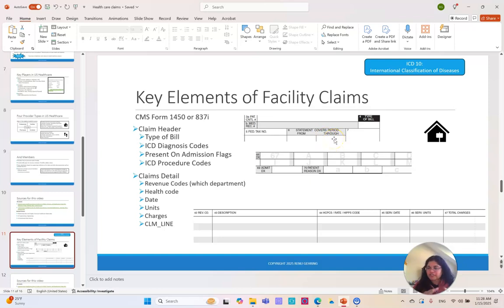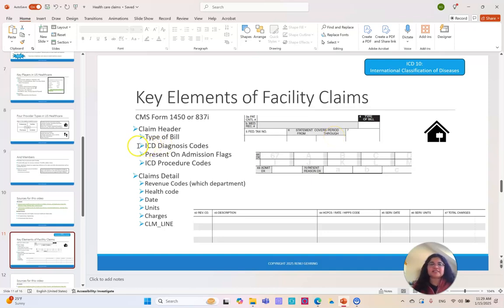And for really long length of stay, the hospital or the facility may bill your insurance payer intermediate claims. So you kind of have to do some logical thinking and programming and figure out which is the last claim, and then taking the through date on that becomes your date of discharge.